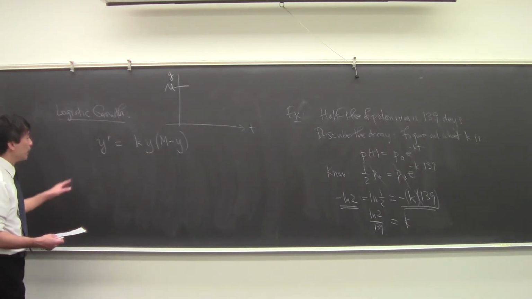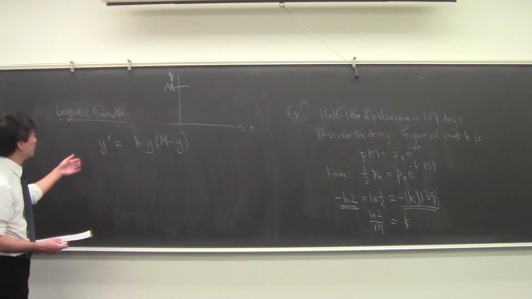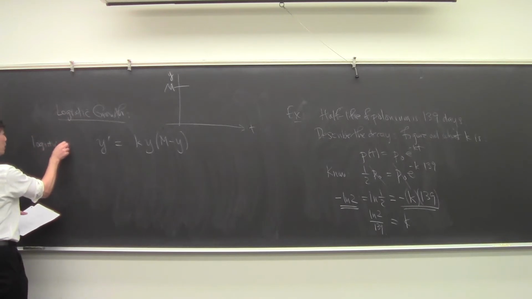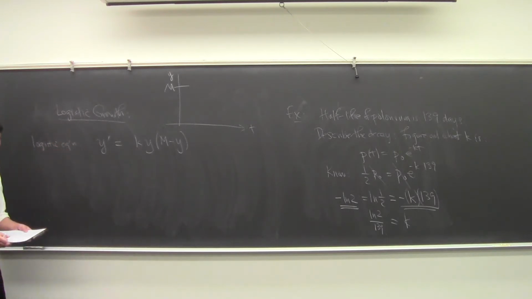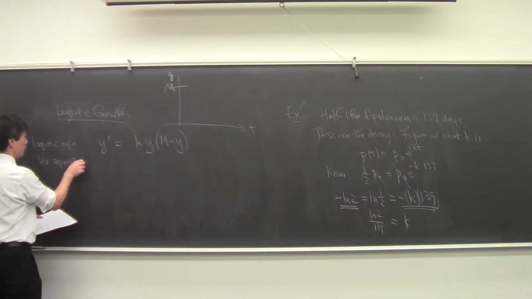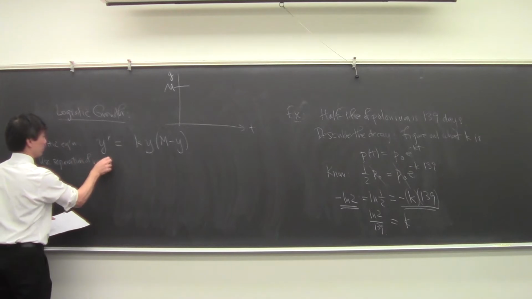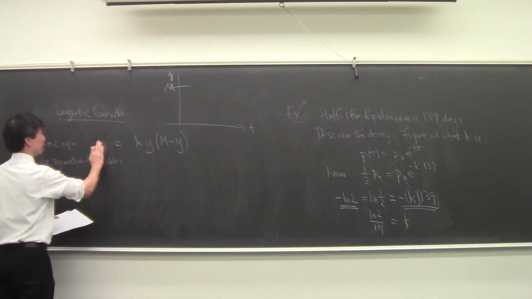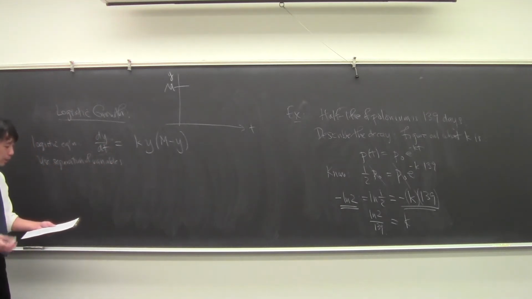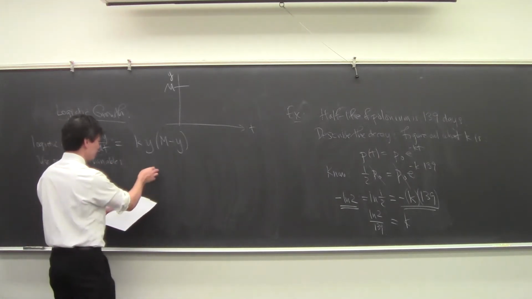Okay. So say, okay, well now we've got this logistic equation, right? And let's solve it using separation of variables. Maybe I should write it as dy/dt to make it look more like separation of variables.